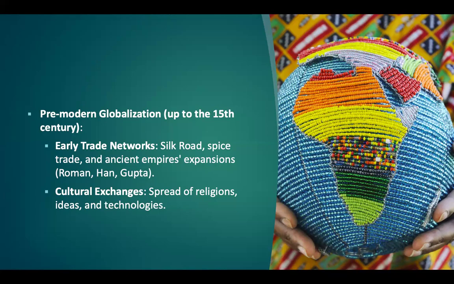One of the downsides of this was the spread of diseases, the Black Death, the bubonic plague. The Black Death spread via Silk Road and Indian Ocean trade routes in the 14th century. So COVID-19 is not the first one that traveled all across the world.